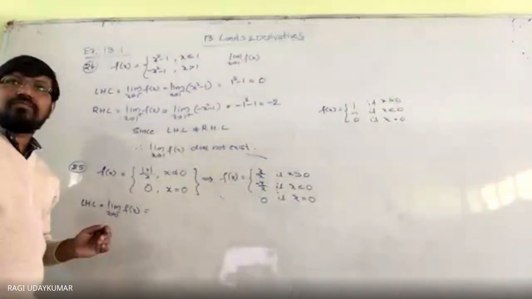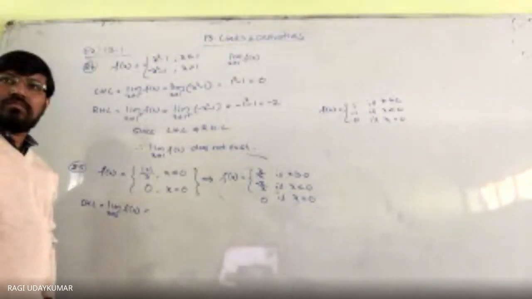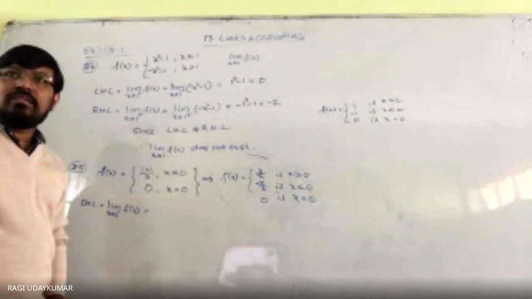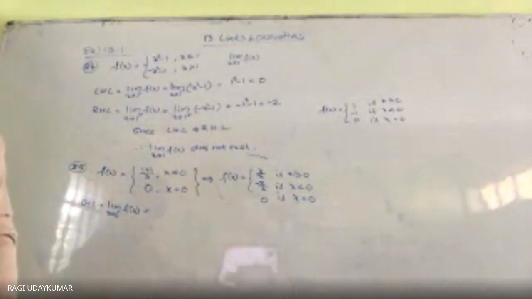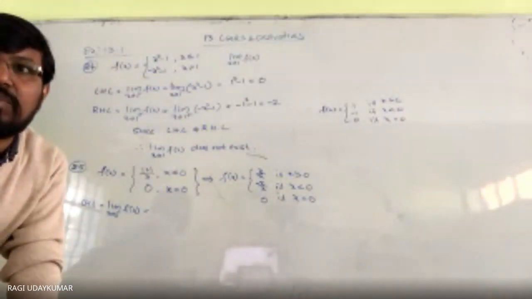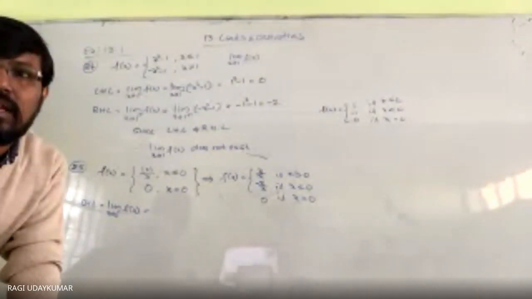Sir, you told us that x approaches 0 minus. So how did you get the minus? In the book the minus is not written. Where is it not written? In the left hand limit, you open the textbook, left hand limit, right hand limit, whenever it is given to you, it will be written as left hand limit and right hand limit.